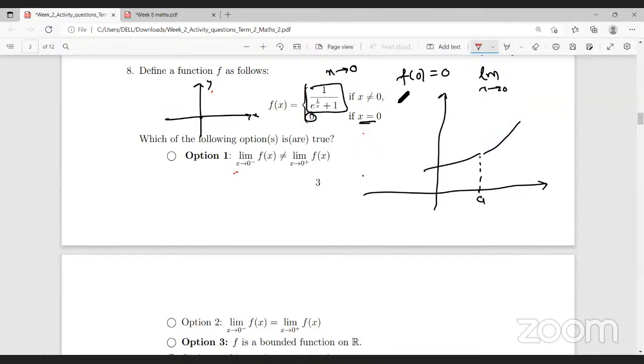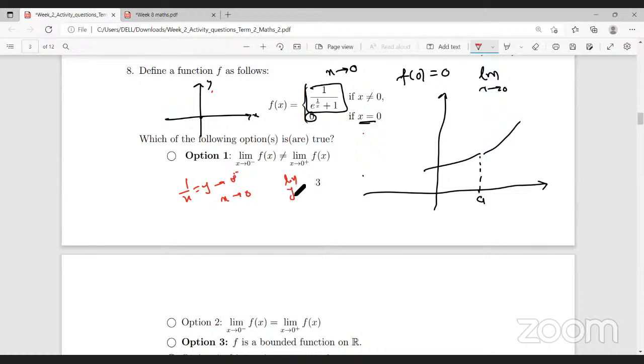To find the limit, we can also put 1 upon x equal to y. So 1 upon x equals y, and we have to find out when x tends to 0, y will tend to infinity.